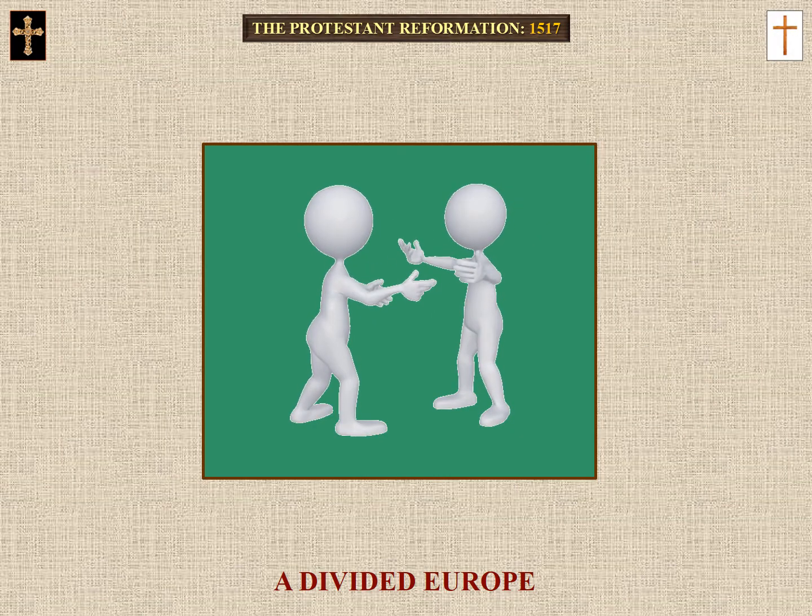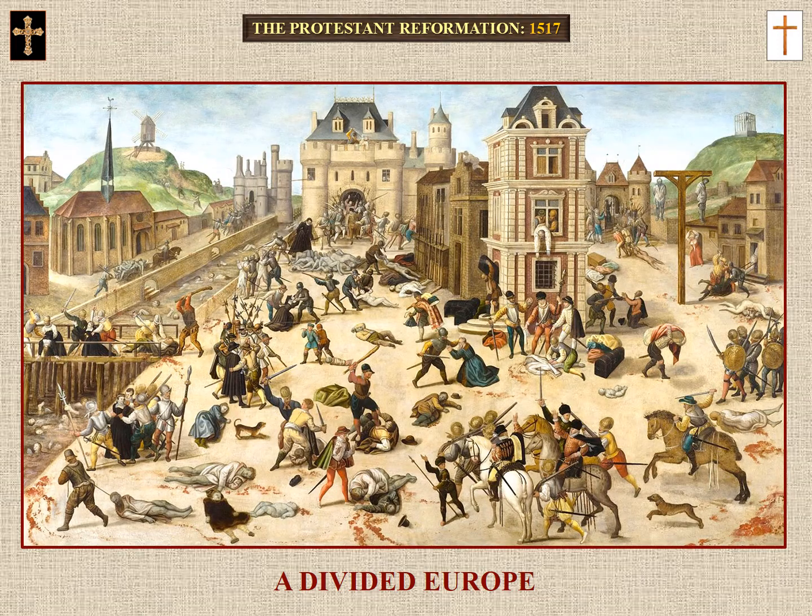And the Protestant Reformation was not simply a theological dispute. It became open conflict where you have mass riots and massacres, and it deteriorated even into class warfare. Here we see an image of Paris from 1572, and it all is a result of the Protestant Reformation.